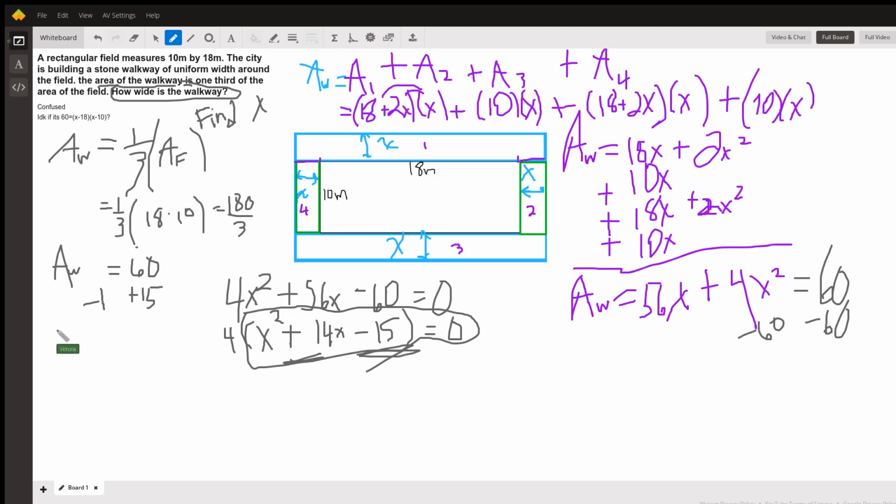So that means that this factors into x minus 1 and x plus 15, and there's a 4 out there, but we're going to divide both sides by 4. And now we just have this, and this has to equal 0. Now, if you solve that, you get that x minus 1 equals 0.